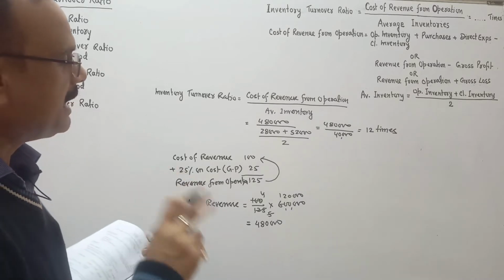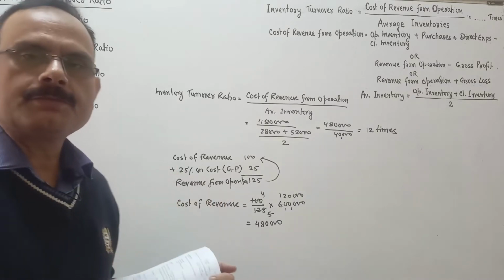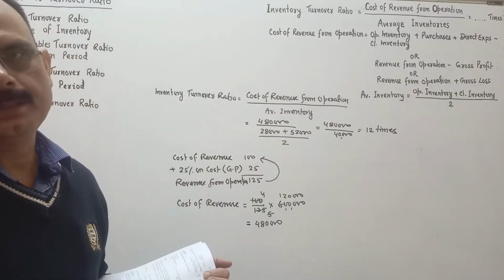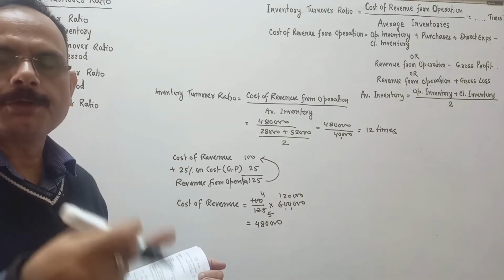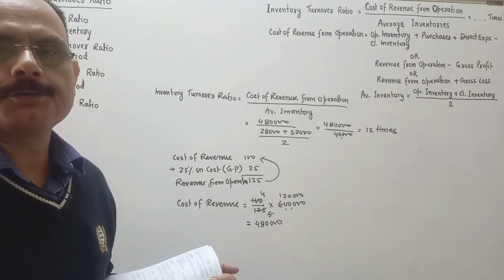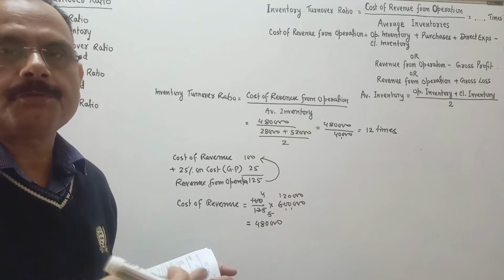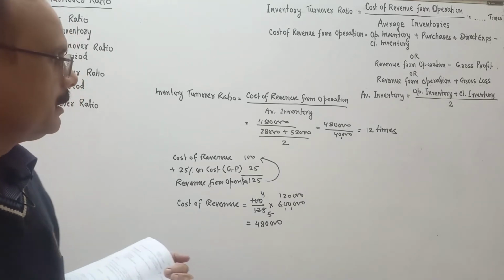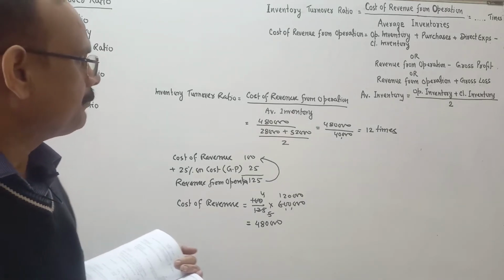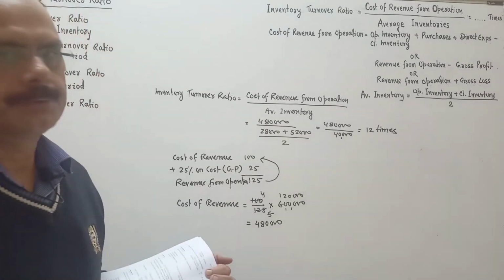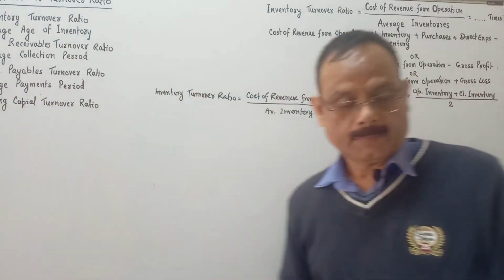Okay, so the higher it is, the more beneficial for the company. So inventory turnover should be very high. Okay, so this is clear. Inventory turnover ratio is 12 times.